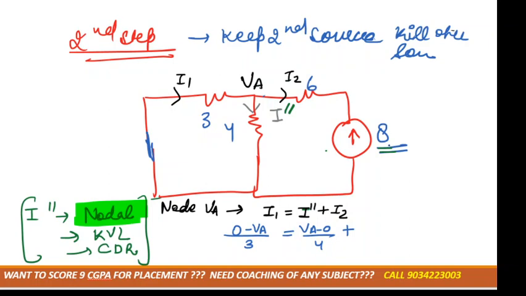As this is the current source, I2 is minus 8 ampere, because both are moving in opposite directions: I2 is moving up to down, while 8 ampere is moving down to up. So we can solve it, get the value of VA, and then get the value of I double dash, right?